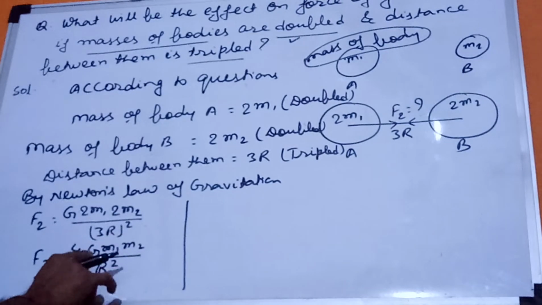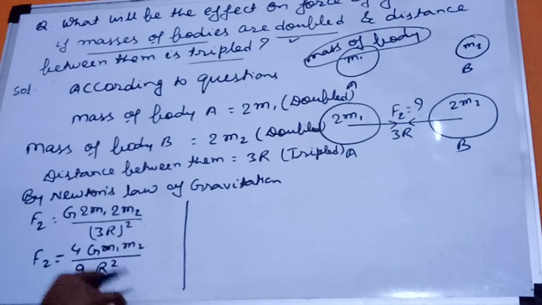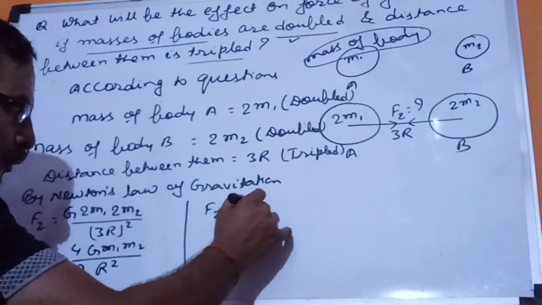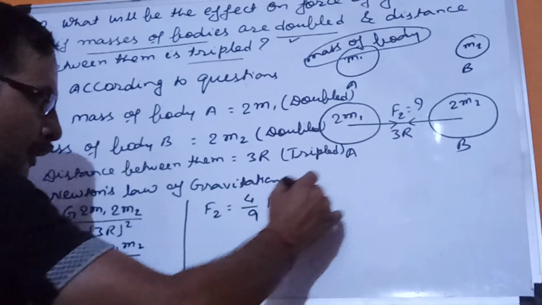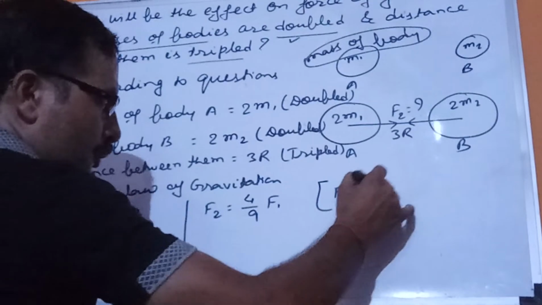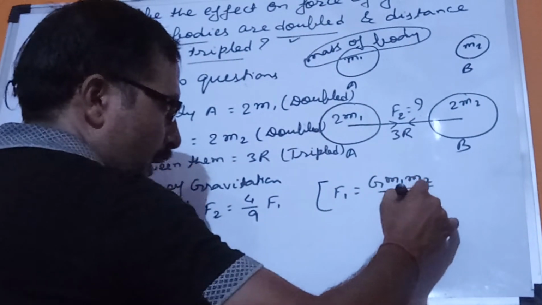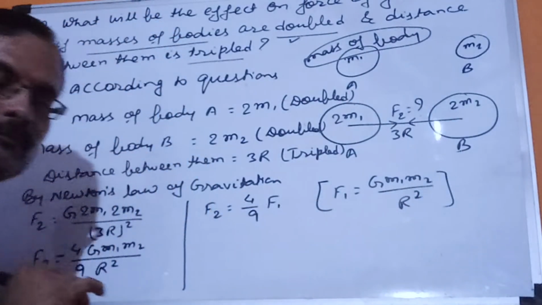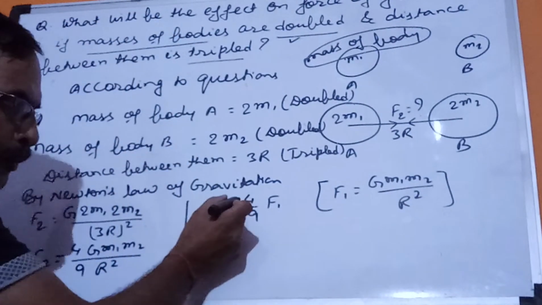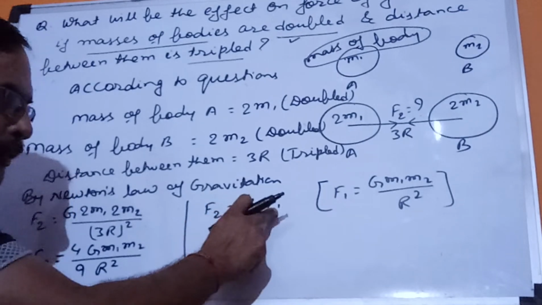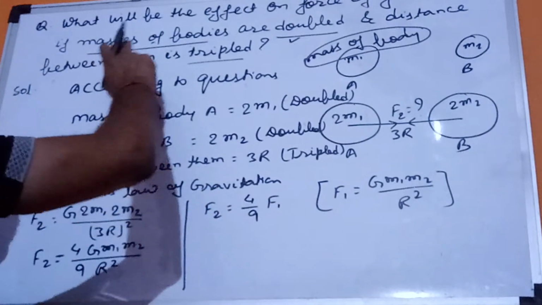So instead of G m1 m2 by r square, we can write F2 is equal to 4 by 9 F1, because F1 is equal to G m1 m2 by r square. Yes, so 4 by 9 means its value will become less than 1, means the force of gravitation is decreased. So what will be the effect?